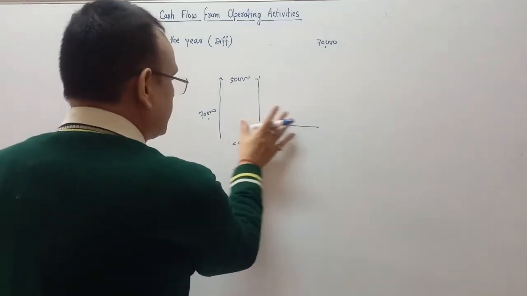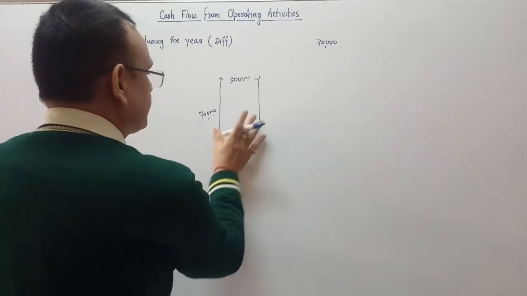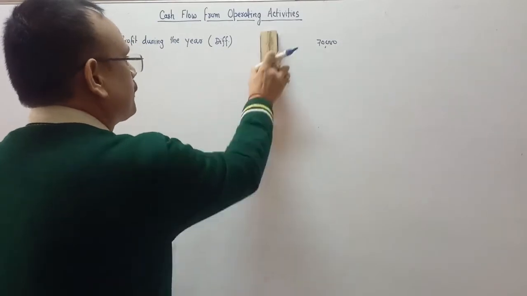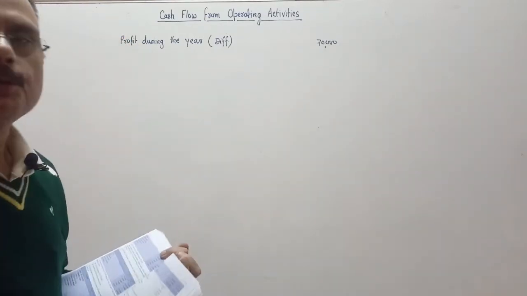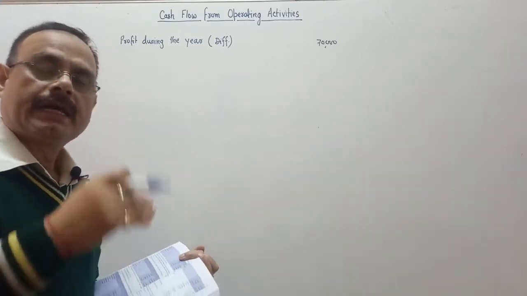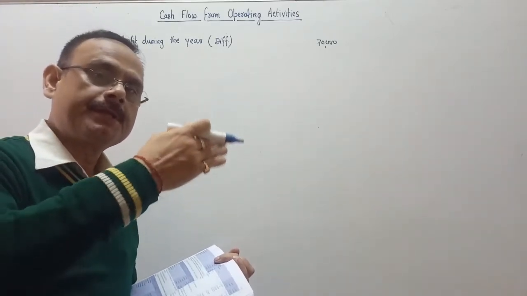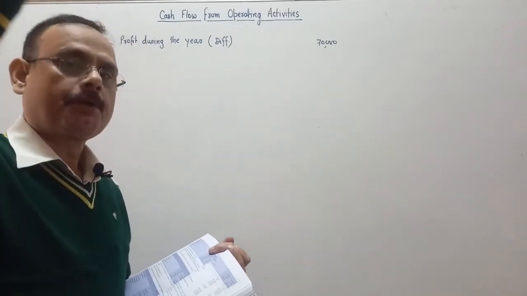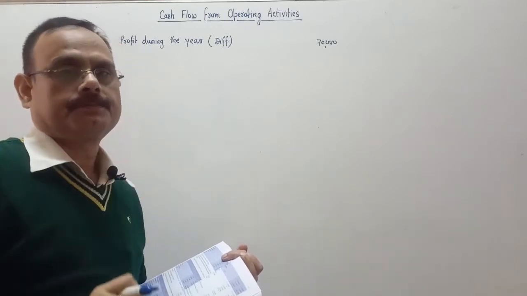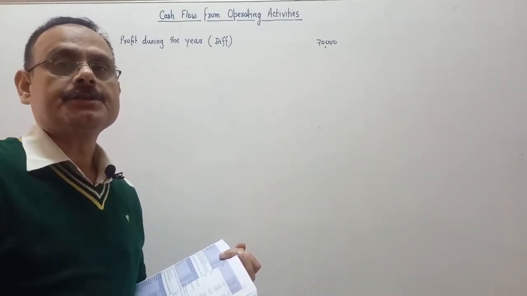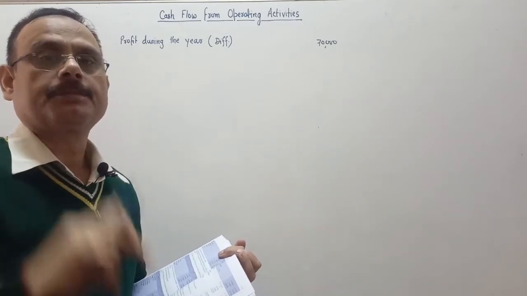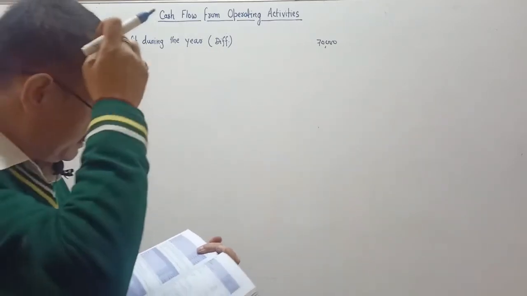So the actual profit earned during the year is 70,000. This is the difference of two consecutive years' profit. One year it is a loss and another year it is a profit, so covering the loss, they reach the profit level.